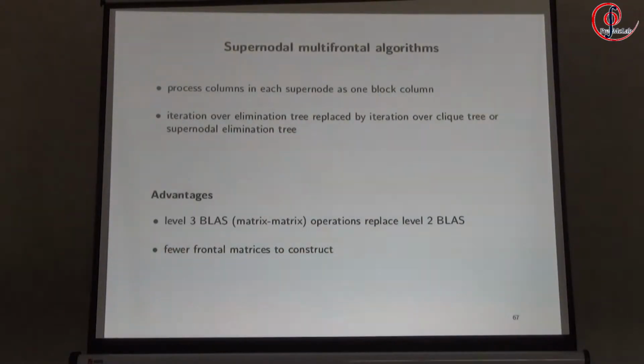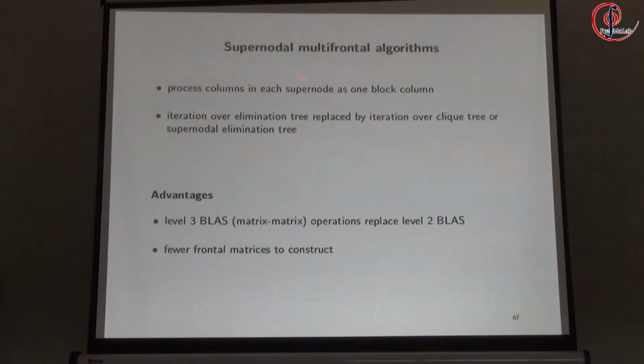And then the final point for this section is, we talked yesterday about supernodal versions or supernodes and cliques in the graph. They are used in sparse matrix theory, because often you can take a scalar or nodal version of an algorithm, like this multifrontal Cholesky factorization, and then process columns in a supernode, what we call a supernode partition, together as a block column in the matrix.